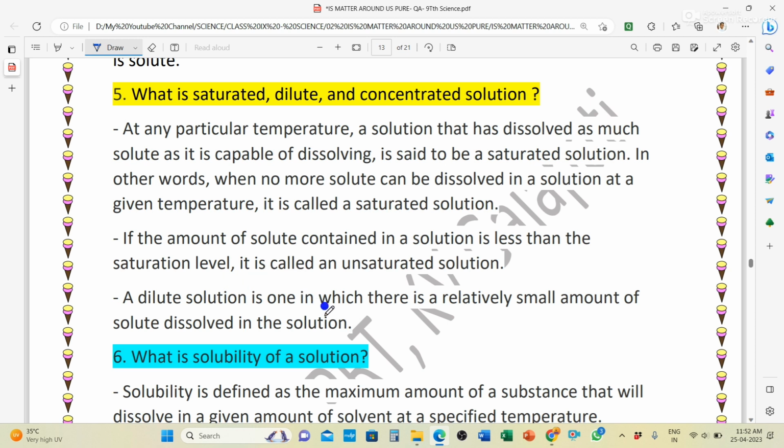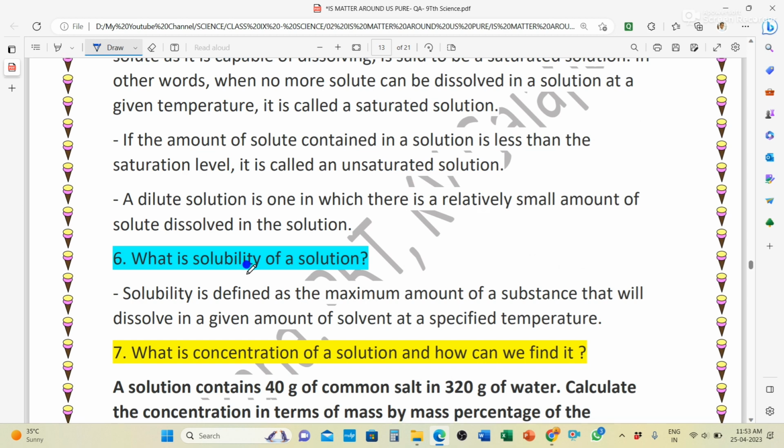A dilute solution is one in which there is a relatively small amount of solute dissolved in the solution. And a supersaturated solution is when we heat a saturated solution, then the solvent will gain the ability to dissolve more solute. At that time, the solution will become supersaturated.